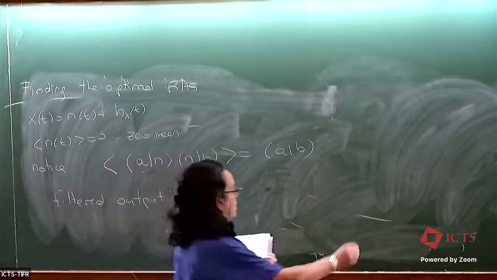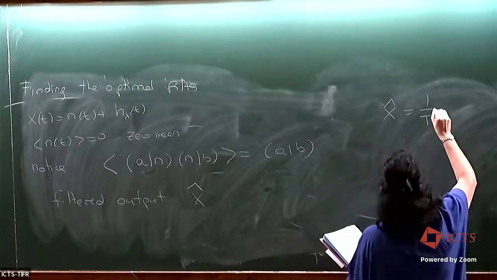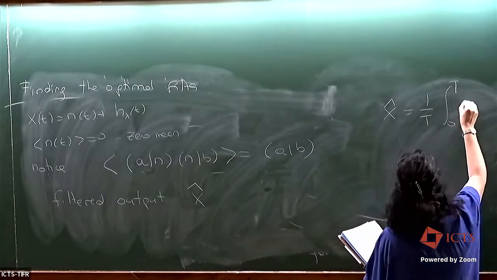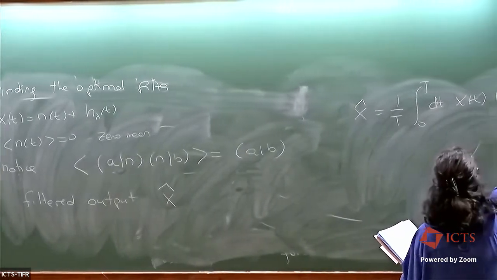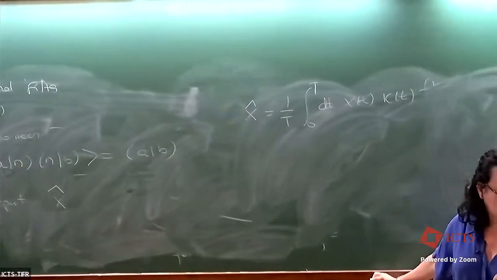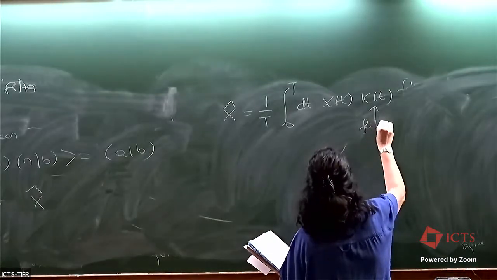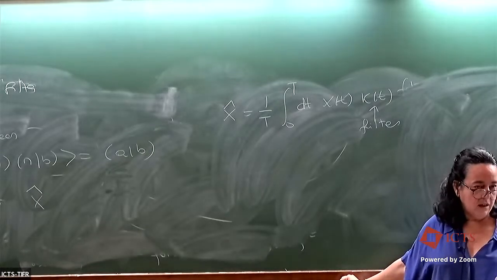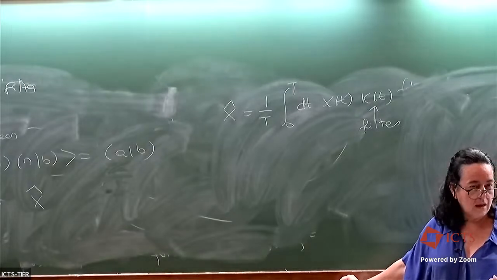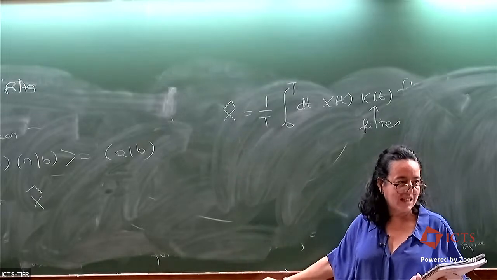For example, this H hat I could construct applying these linear filters, that is just filtering my data with a certain filter. And basically what I want to find is the choice of this best filter, this function k, that is going to amplify the value of the x hat.